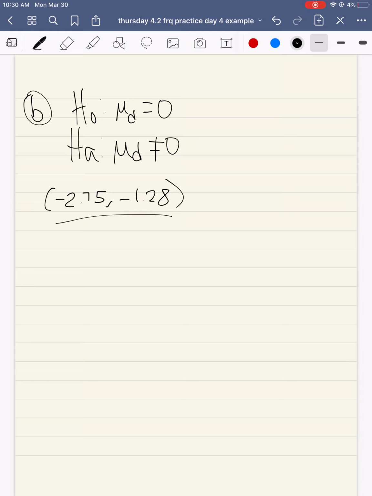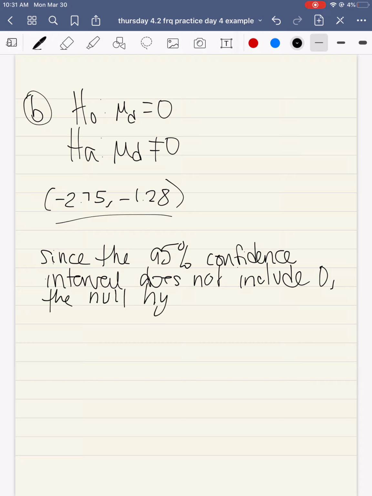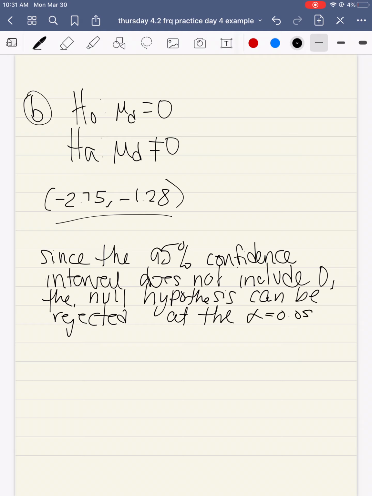So our conclusion would be, since the 95% confidence interval does not include 0, the null hypothesis can be rejected at the alpha equals 0.05 level.